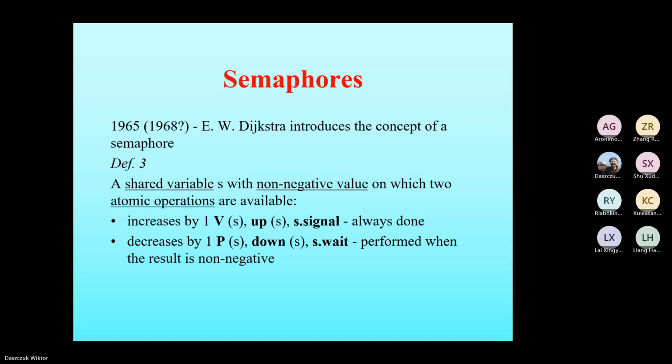The operations are atomic because if two processes perform P on the same variable, assuming that the variable is one, one of them can execute P, and the second one cannot, because it is 0.